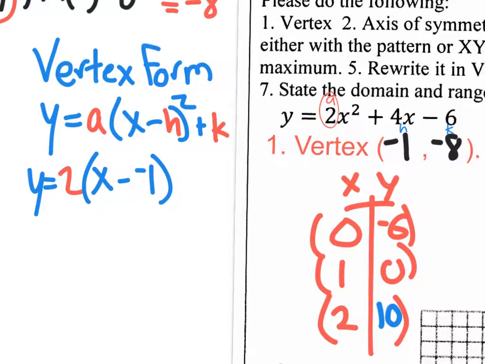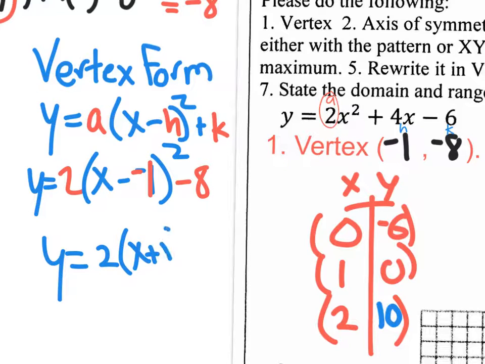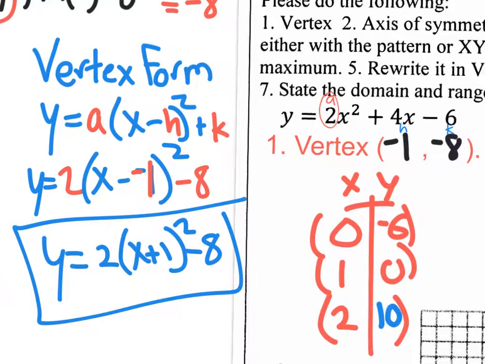And I should probably have done the -1 in red to show that that's my H value. Plus K is simply going to be a -8 because our K value is -8. And I forgot the square. So my final equation in vertex form: y equals 2 parentheses x plus 1 squared minus 8. That's vertex form right there.